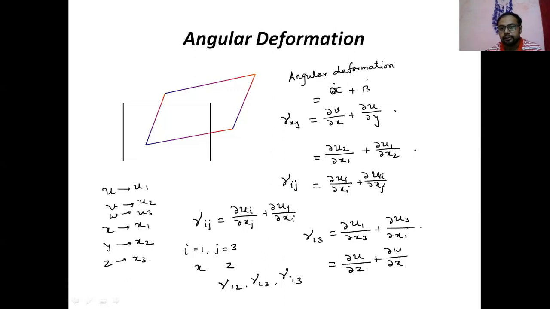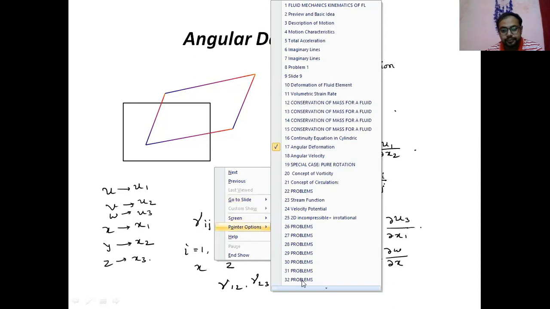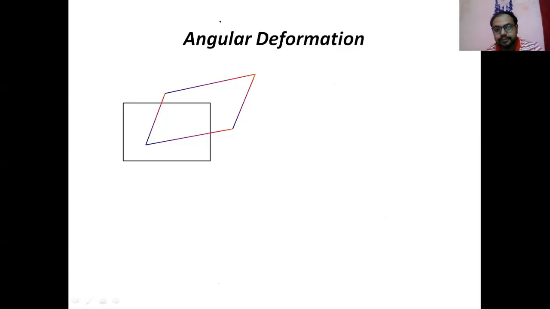And we can see one more thing. See here, del 1 3 we are writing down as del U1 del X3 plus del U3 del X1, and in the same way, gamma 3 1.